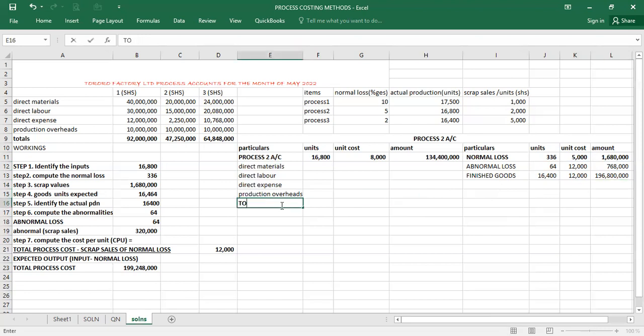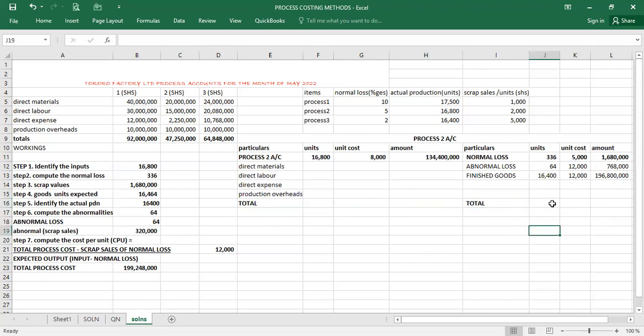We can get here the totals. Even here, we put the totals, and sorry, supposed to be here, totals.